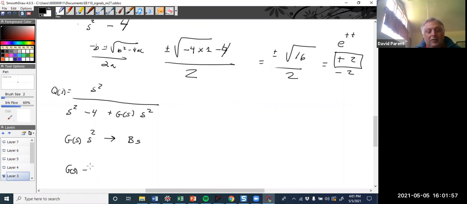G of S minus 4, right, times S squared, right, has to be greater than 0, right? So that means S squared G of S.